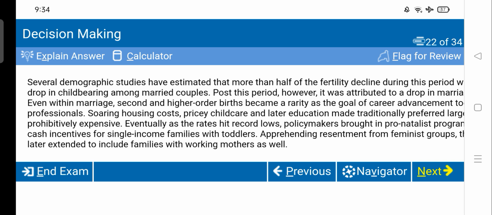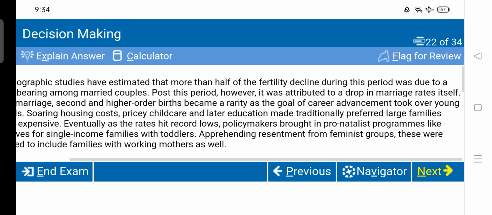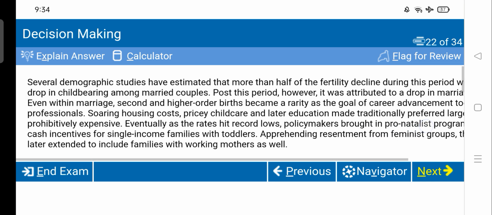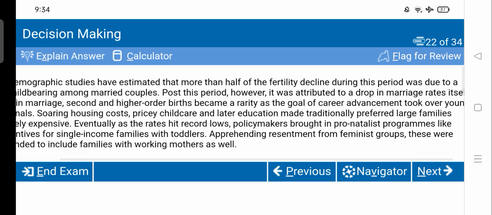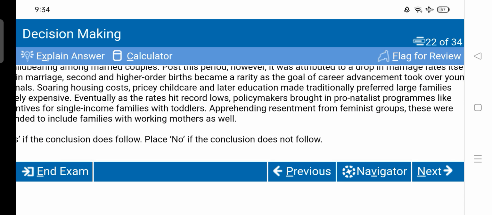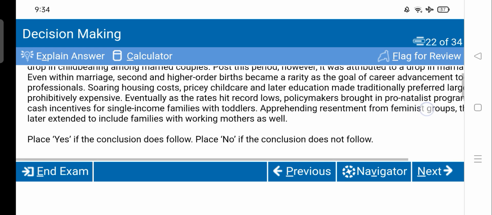Soaring housing costs, pricey childcare, and later education made traditionally preferred large families prohibitively expensive. Eventually, as the rates hit record lows, policymakers brought in pro-natalist programs like cash incentives for single-income families with toddlers.